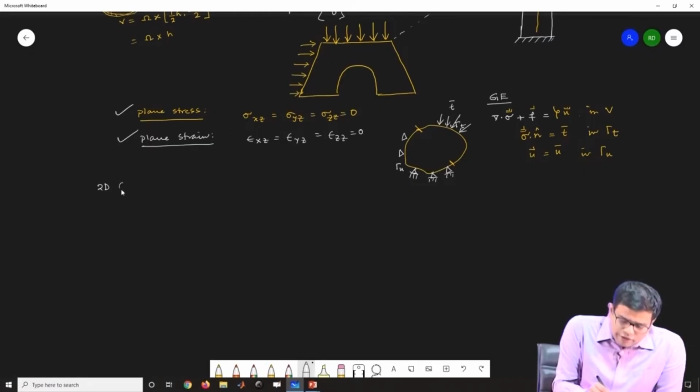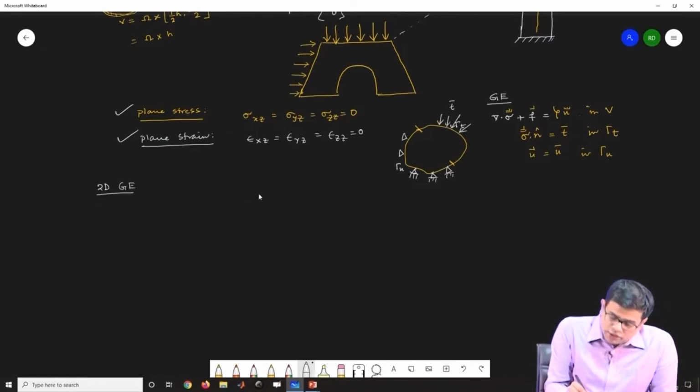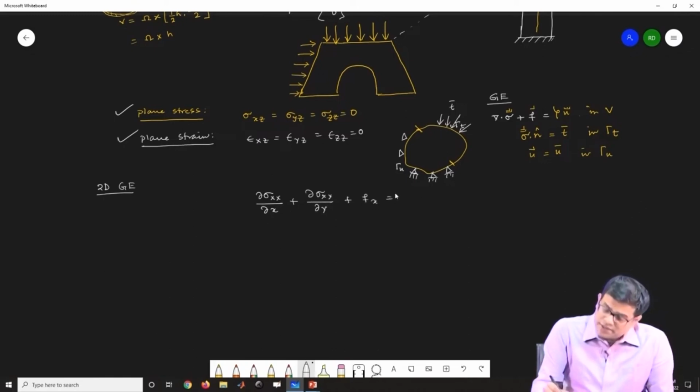It is the partial derivative del sigma xx by del x plus del sigma xy by del y plus fx equals rho u double dot.